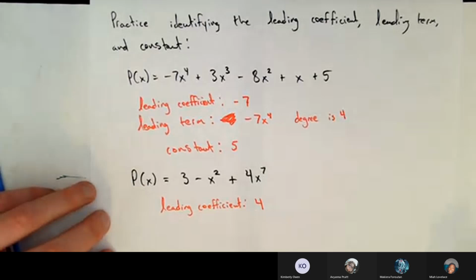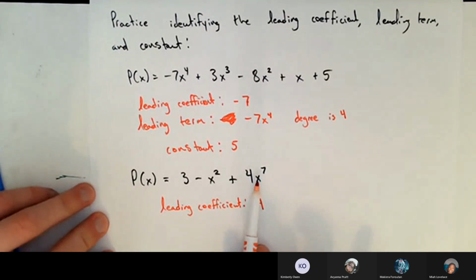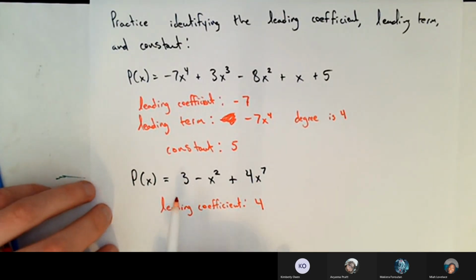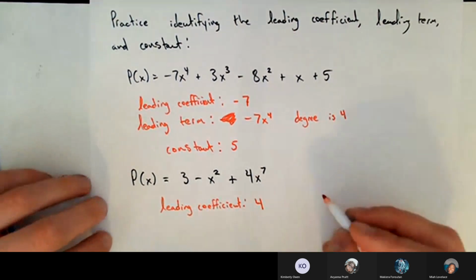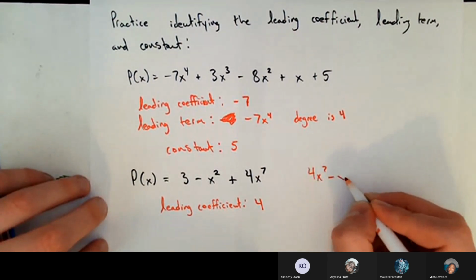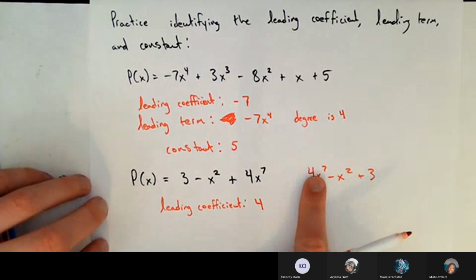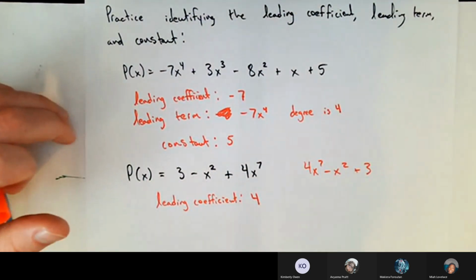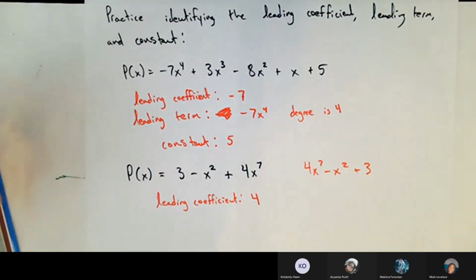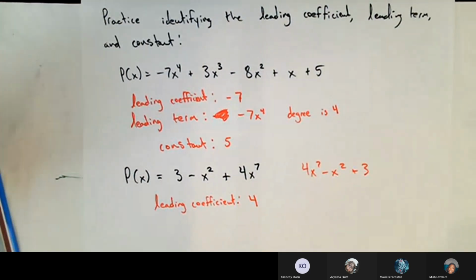The point in this problem is that the leading coefficient doesn't have to be up front. It's the number attached to the highest degree term. We like to have these polynomial functions written in descending order, as 4x to the 7th minus x squared plus 3, but sometimes they're not written like that. If they're not, it's just because the problem is trying to be a little more difficult.